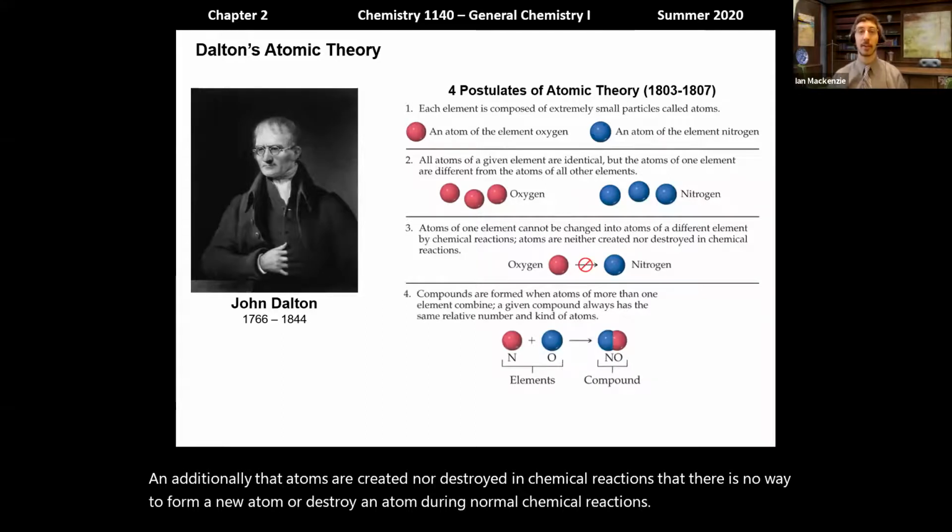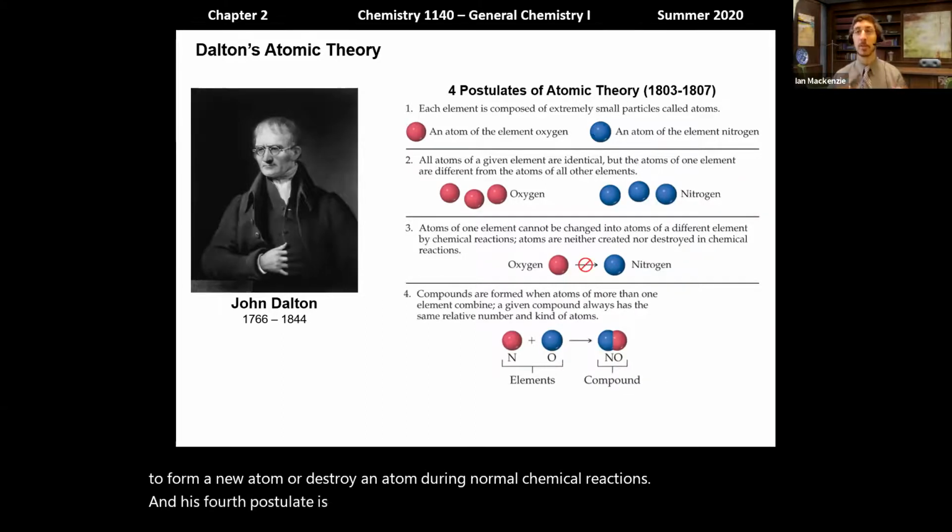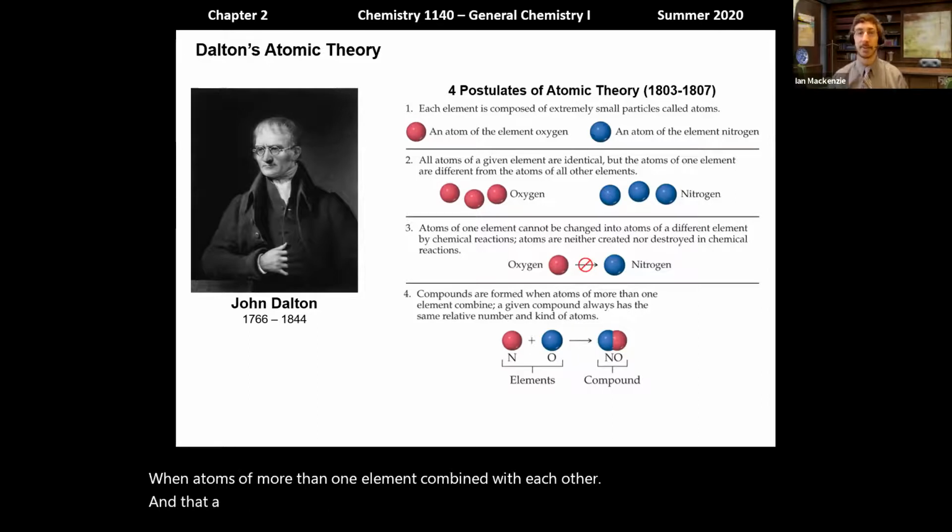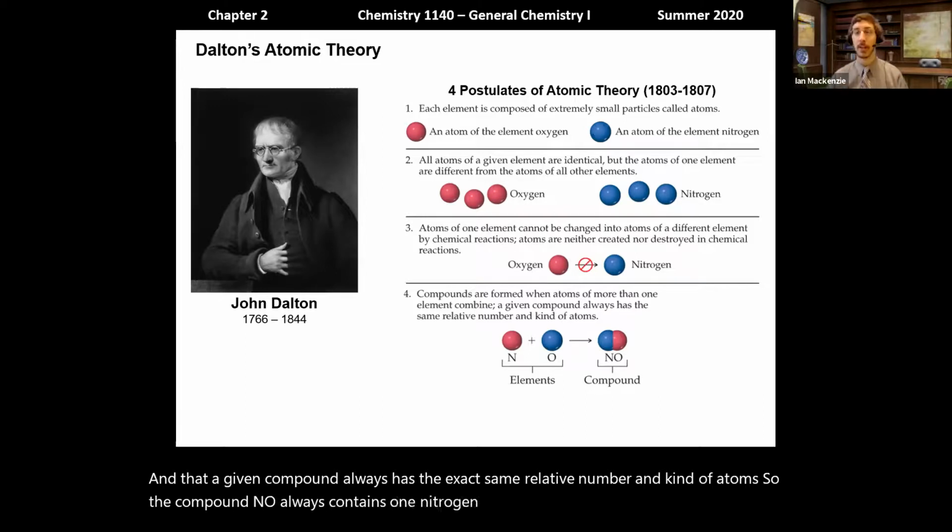And his fourth postulate is that compounds form when atoms of more than one element combine with each other, and that a given compound always has the exact same relative number and kind of atoms. So the compound NO always contains 1 nitrogen atom and 1 oxygen atom.